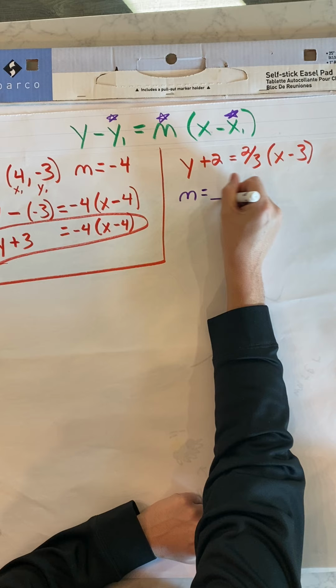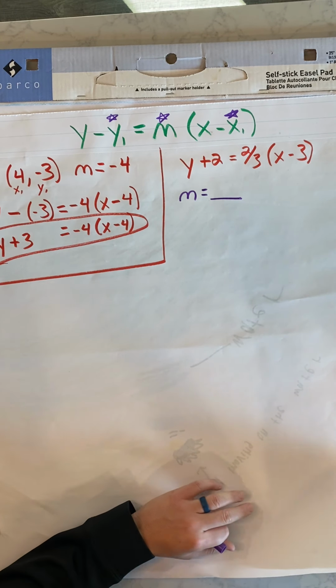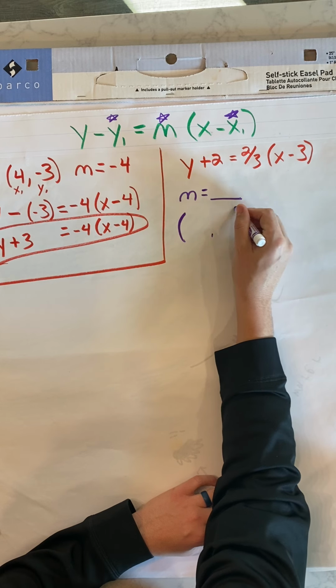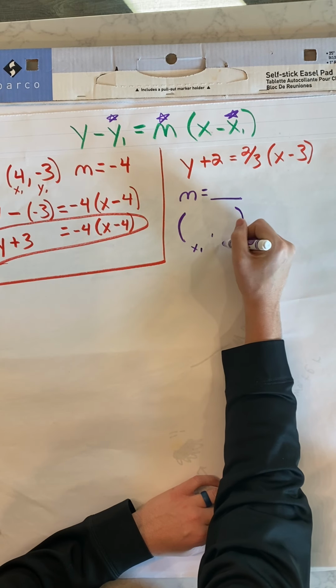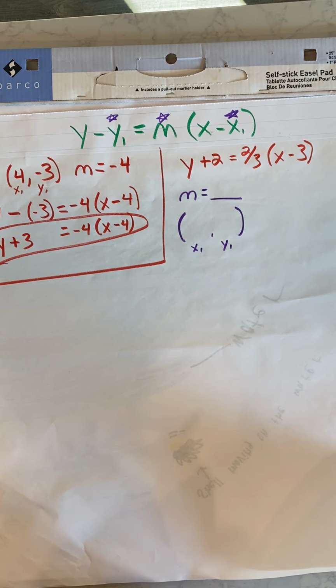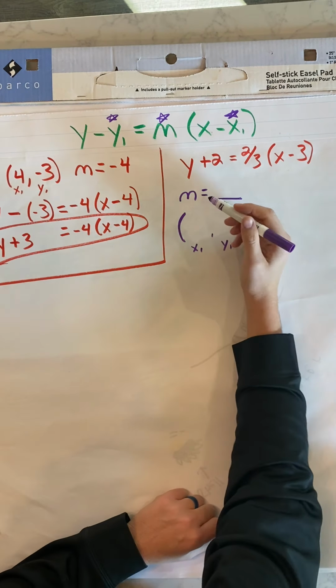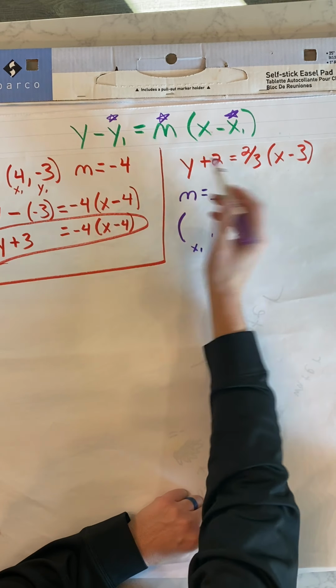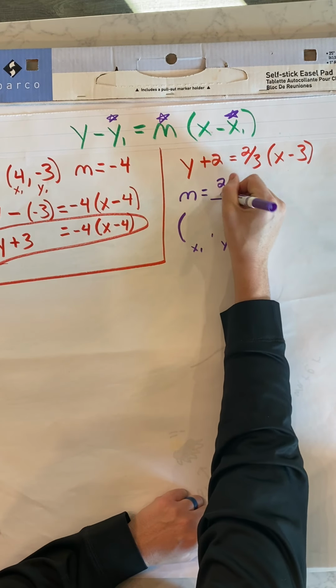So we're going to have m equals, when you find out what the slope is, it also wants us to identify what x1 and y1 are. To find the slope, we're going to look at where the m is. So the slope would be 2/3. That's easy.